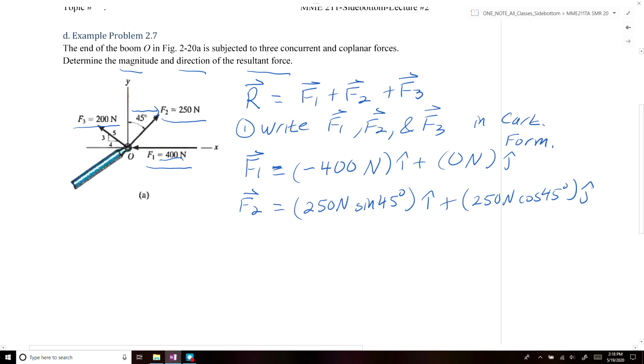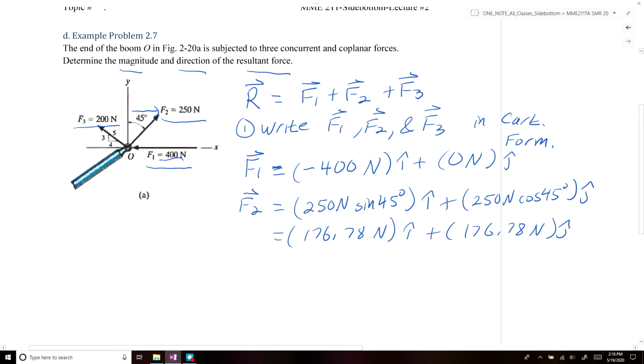If we multiply those out, that's around 176.78 newtons along the positive x-axis, and again 176.78 newtons along the positive y-axis.